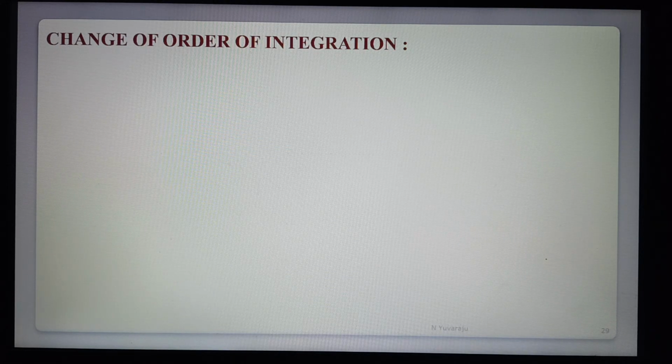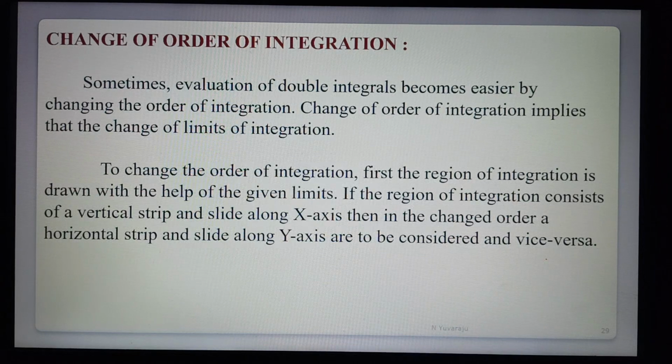That is called the change of order of integration. Sometimes evaluation of double integrals becomes easier by changing the order of integration. Change of order of integration implies the change of limits of integration.